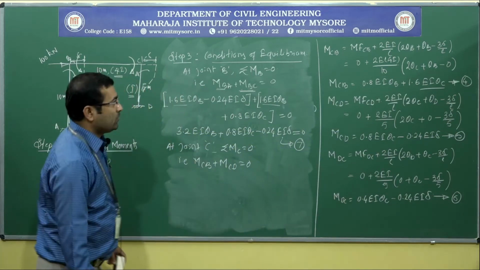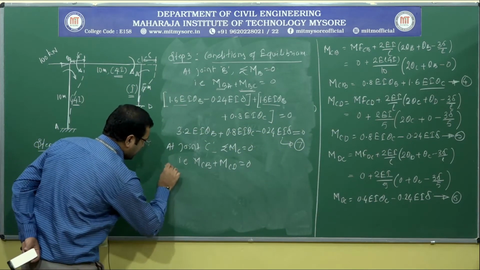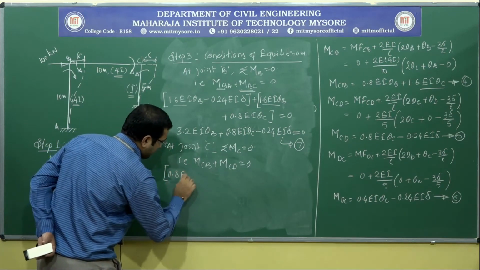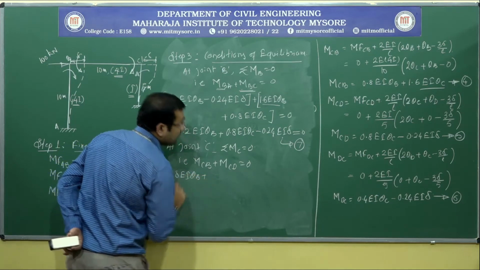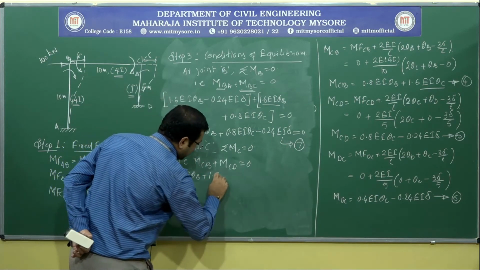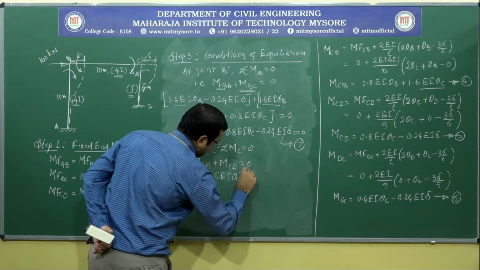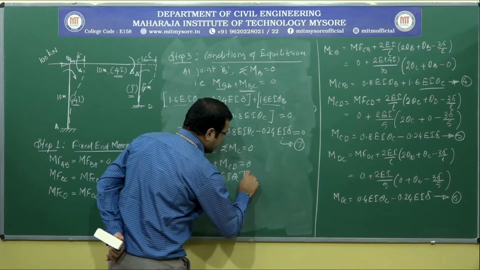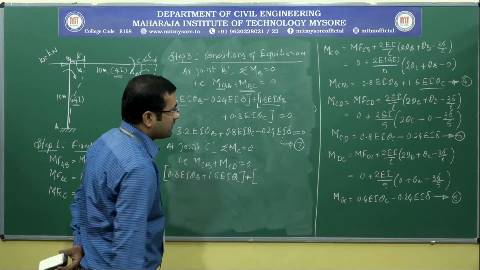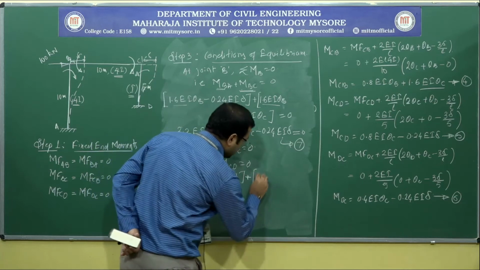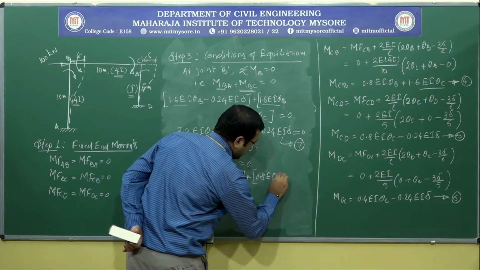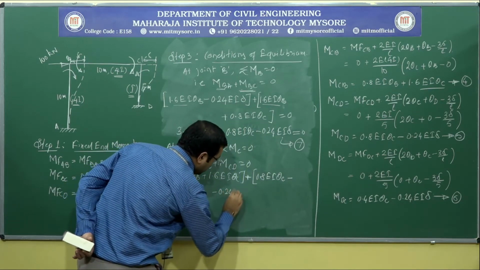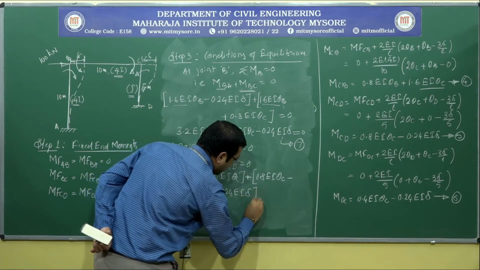The equation number 4 says it is 0.8 EI theta B plus 1.6 EI theta C. So this is the value of MCB plus MCD from equation number 5. It is 0.8 EI theta C minus 0.24 EI delta.